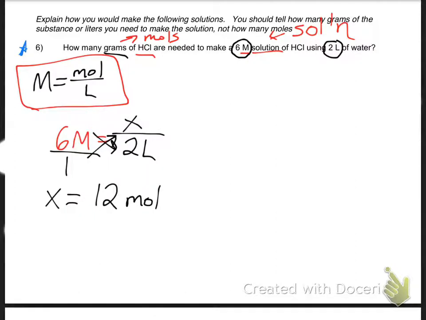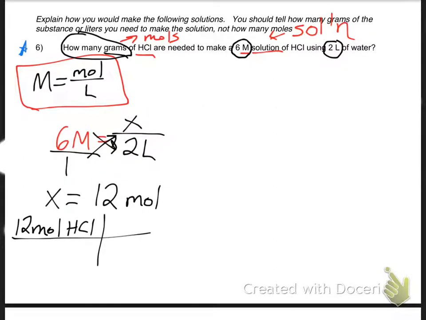Sweet. But the question did ask for grams. So we're going to have to convert these moles into grams. So we're just going to use our conversion chart. 12 moles of hydrochloric acid. So per every 1 mole of hydrochloric acid, I need to figure out the grams. That means I have to look at the periodic table.